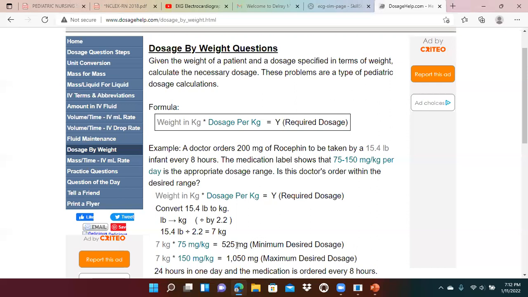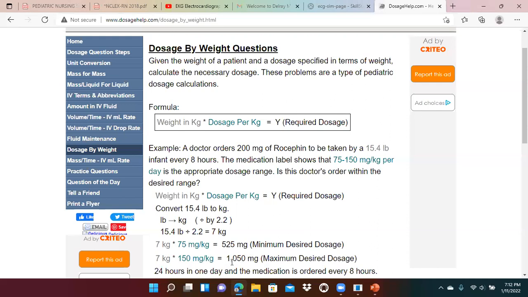So if you give the medication less than this, the medication will not work. And maximum dose, 7 kilogram times 150 means 1050 milligram maximum desired dose.